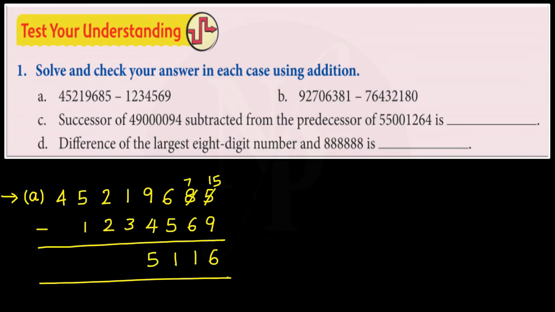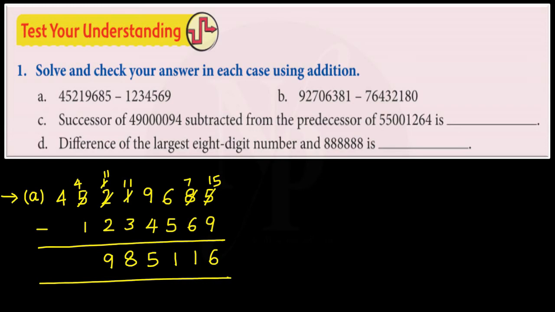And for subtracting 3 from 1, we need to regroup. This will become 1 and we make it 11. Subtracting 3 from 11, you get 8. And again, you regroup this. Now subtract 2 from 11, you get 9.